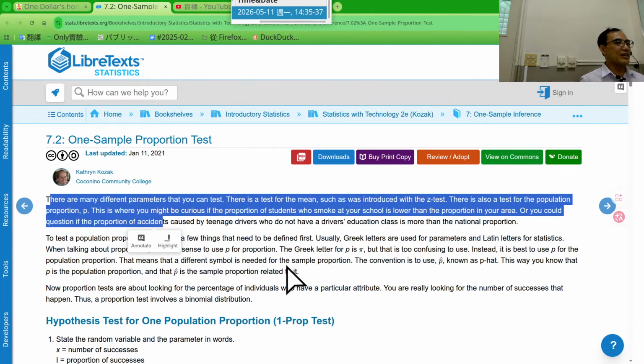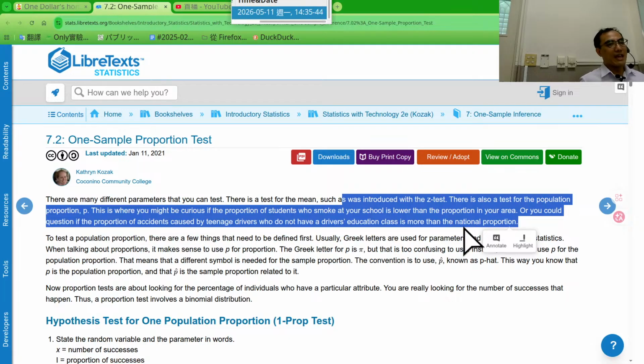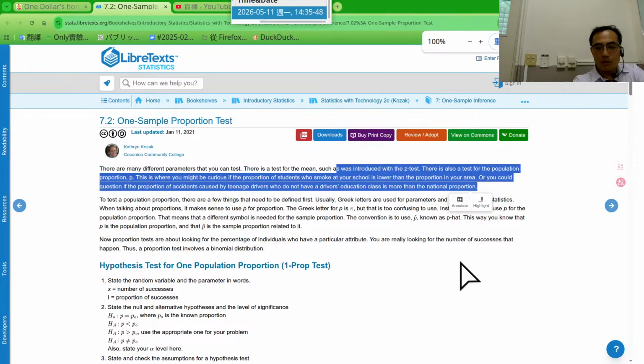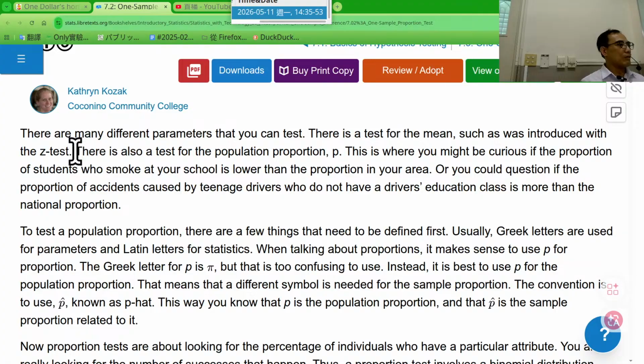There is a test for the mean, such as the z-test, and there is also a test for the population proportion P. This is where you might be curious if the proportion of students who smoke at your school is lower than the proportion in your area, or which proportion is correct.